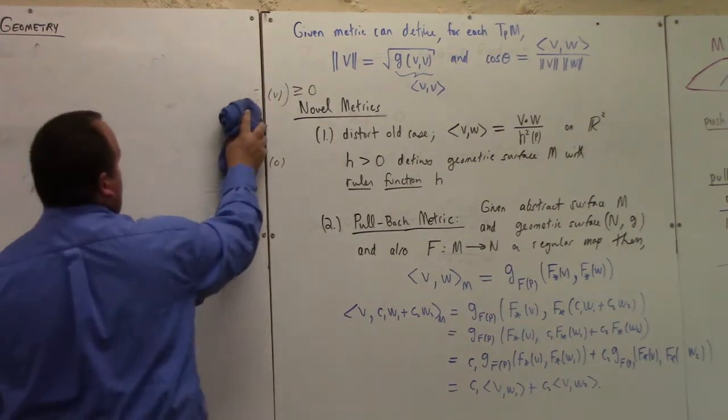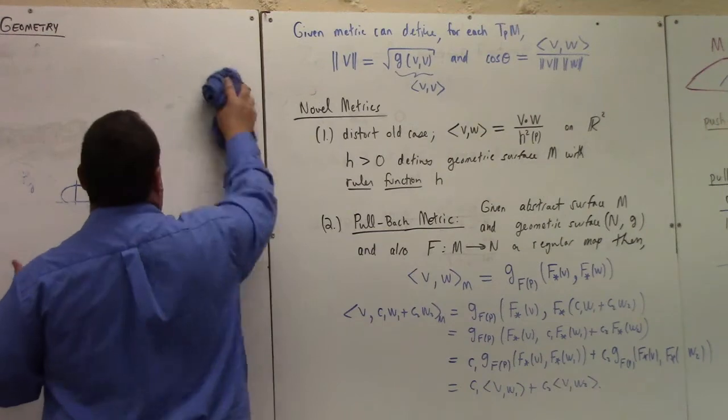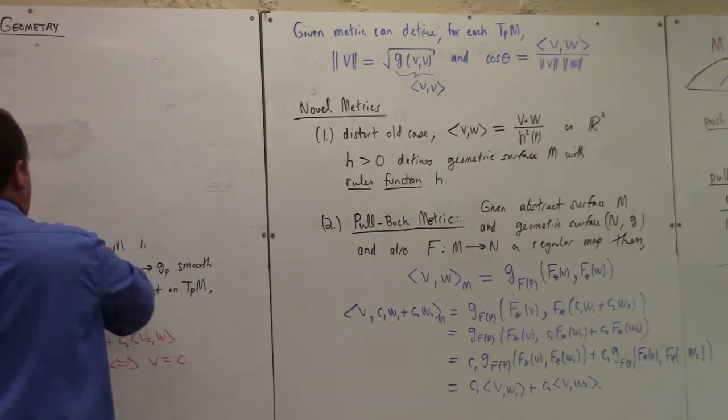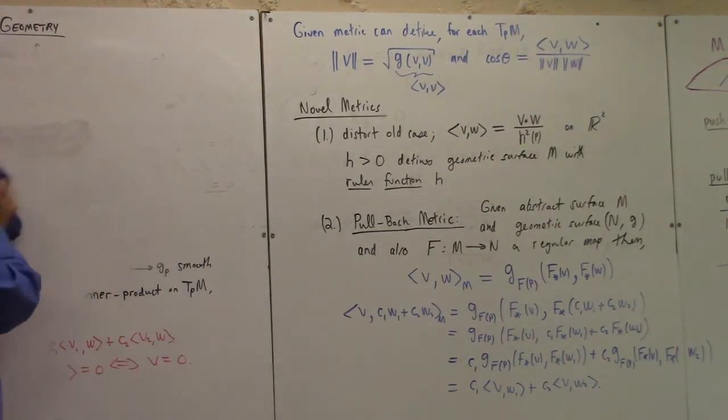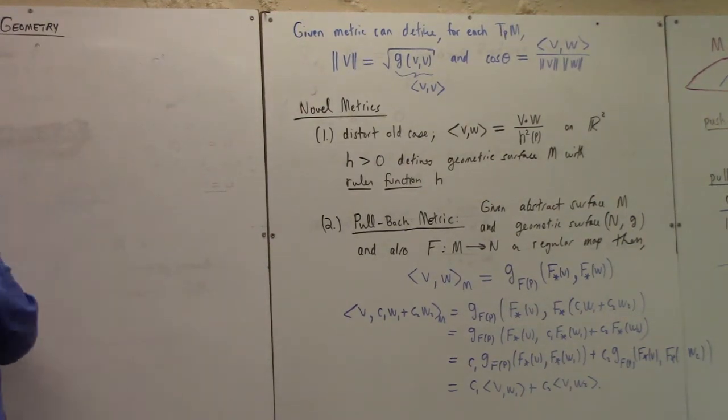It was that the dot product, or the inner product of tangent vectors, was preserved.